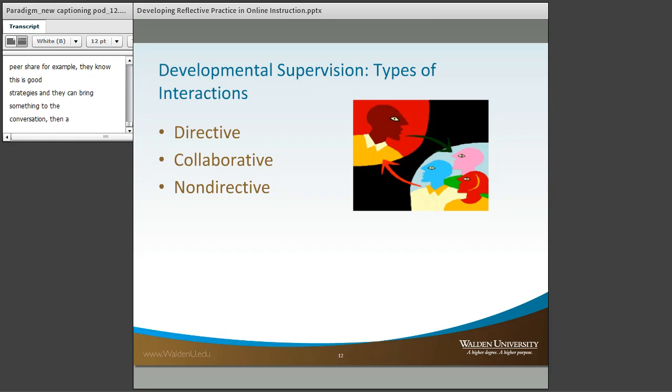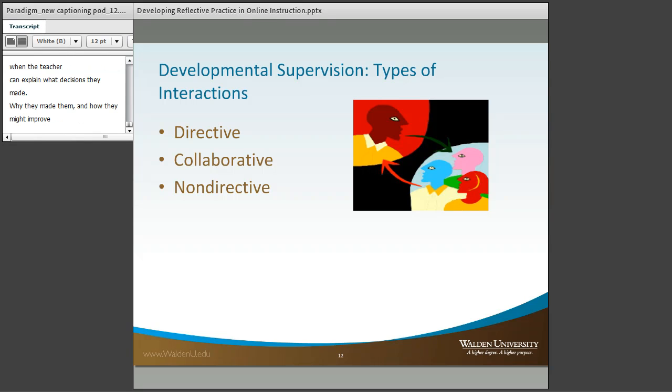The non-directive approach is used, and I look at the directive through non-directive as a continuum. Where you want everybody to be eventually is non-directive. The non-directive conversation occurs when the teacher can explain what decisions they made, why they made them, and how they might improve themselves.